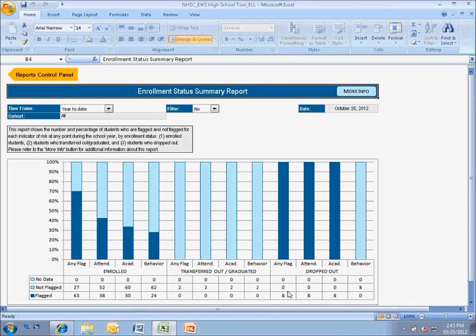But you also see here that all 8 of the students who dropped out of the school were flagged either for attendance or academics.